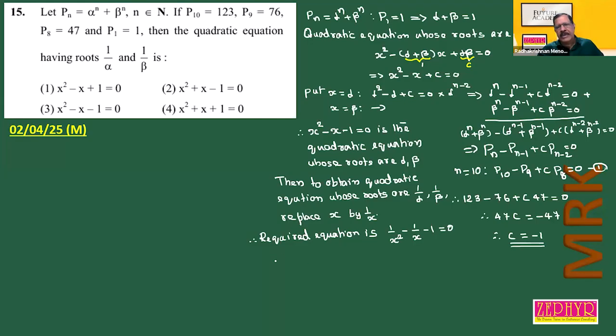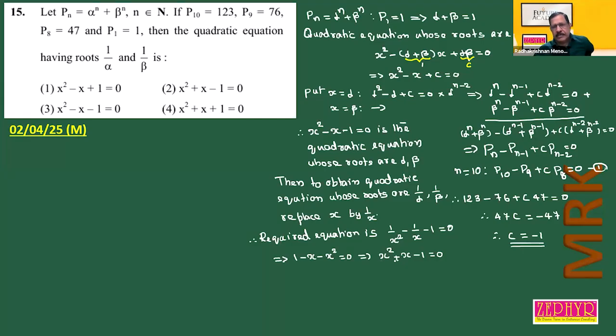Which implies you multiply by x squared, you are getting 1 minus x minus x squared equal to 0. You multiply by minus 1, you are getting x squared plus x minus 1 is equal to 0.